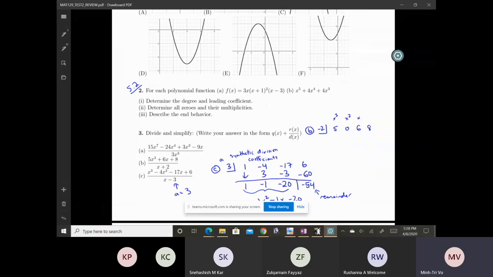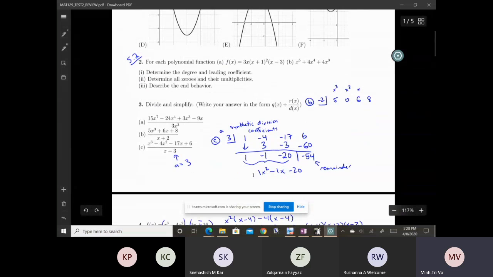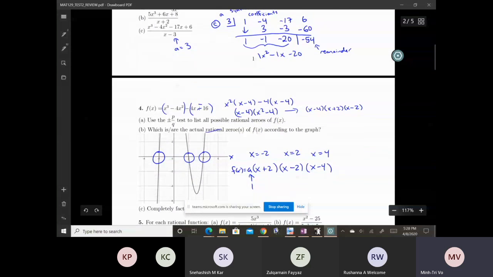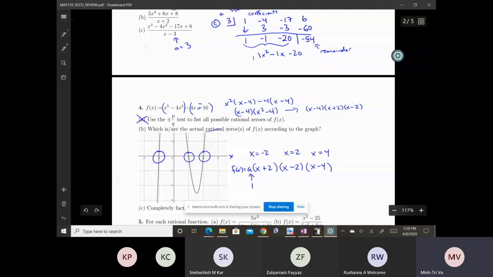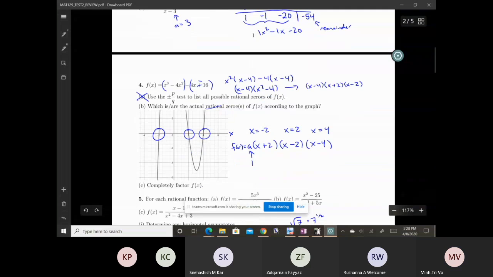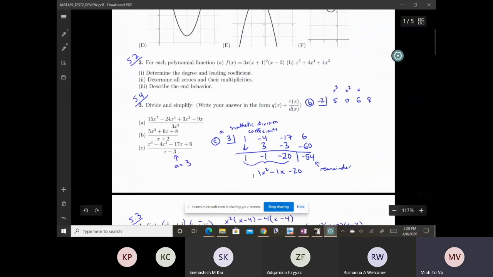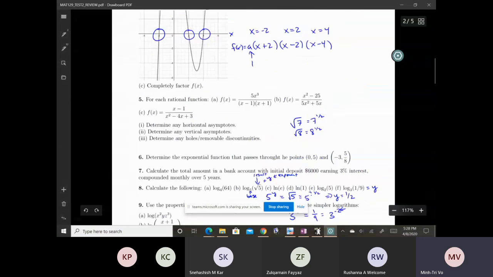Problem 3, that's division, so that's section 5.4. Problem 4, you don't have to do part A, but I think it's technically from 5.3. I think the worksheets for 5.2 and 5.3 were together.